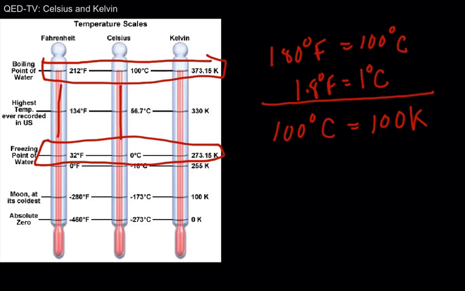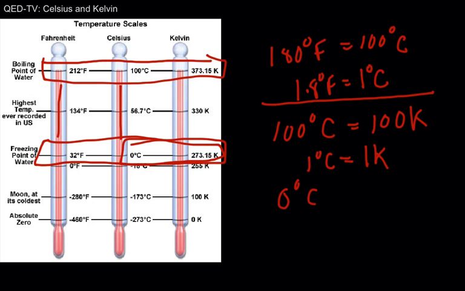Lord Kelvin was a pretty smart individual because he wanted people to be able to convert easily between Celsius and his own scale. That means 1 degree of Celsius is the same interval as 1 Kelvin, which makes it very easy to convert. So I know 0 degrees Celsius and 273 Kelvin are the same temperature.